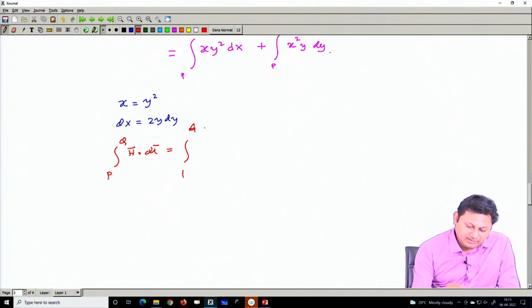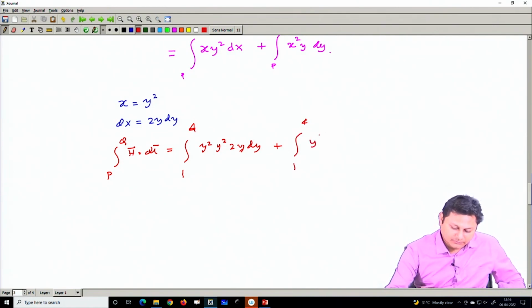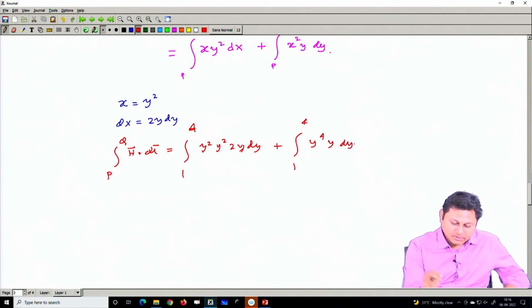So, for the first, x I write y square, and y square is already there, so another y square, and dx is 2y dy. That is the first integral, everything in terms of y. What about the second one? From 1 to 4, x square I write as y to the power 4, and y I write as y, and dy is already there.